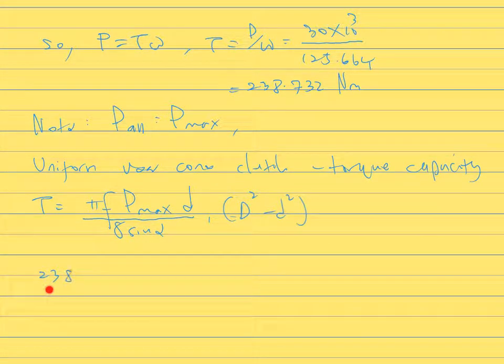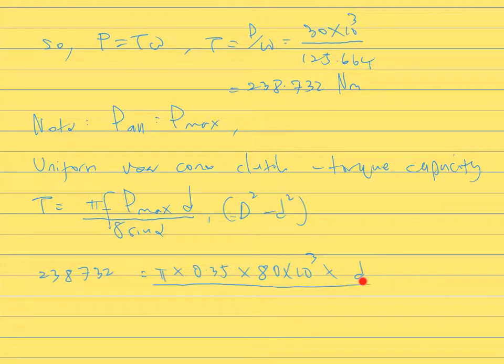Note that the top value is 238.732, which is equal to pi times the coefficient of friction, which is 0.35, times the maximum pressure, which is 80 kilopascal, and then we assume just the inner diameter, because we need to find that value d, divided by sin alpha, where alpha is 12.5 degree, times the major diameter square minus inner diameter square.